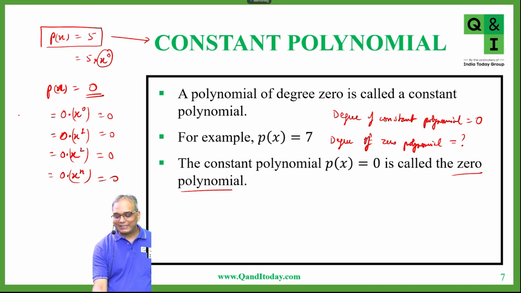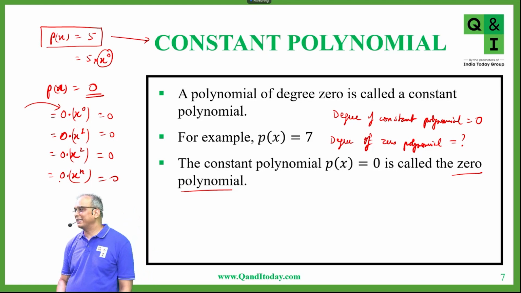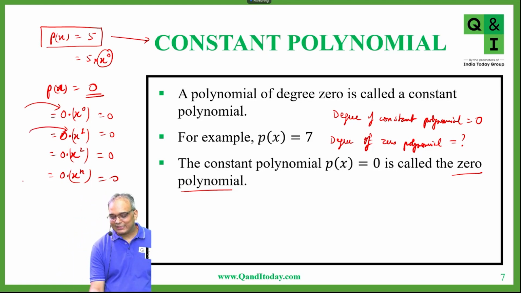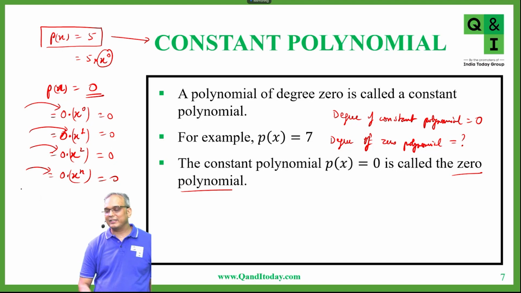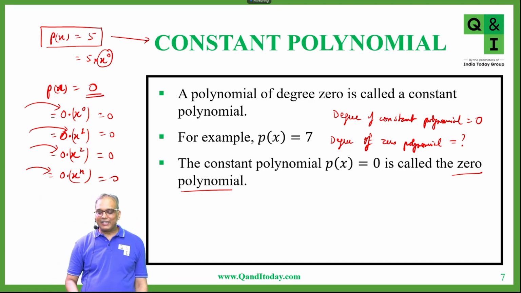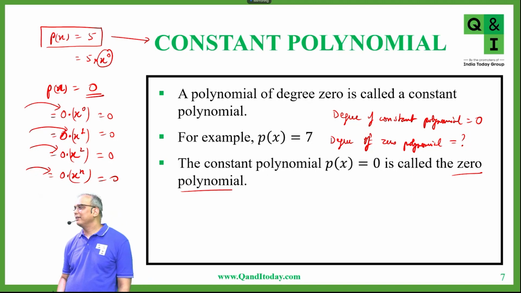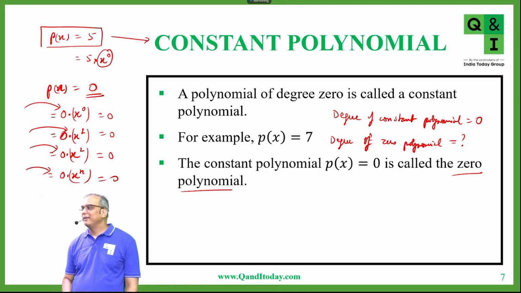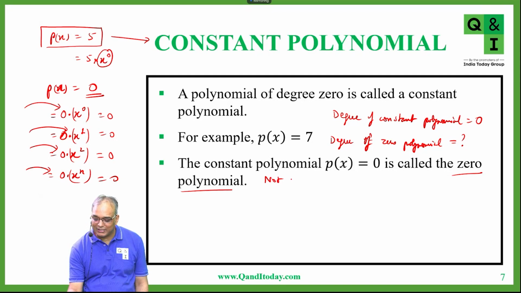Now, if I consider this, the degree will be 0 as you are saying. If I consider this, the degree will be 1. If I consider this, the degree is 2, and here the degree is n. So can we define the degree of a zero polynomial? Not defined, sir. Yes. So the degree of a zero polynomial is not defined.